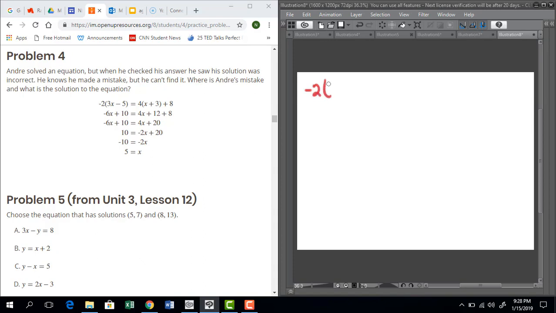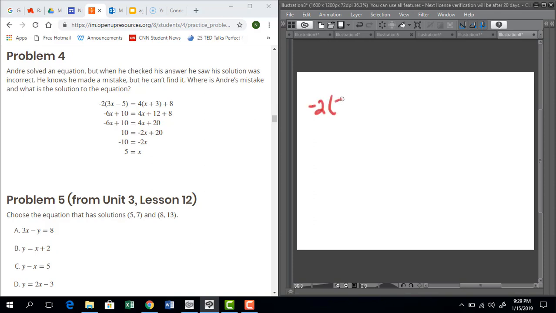Negative 2 times 3x minus 5 is equal to 4 times x plus 3 plus 8. You have 2 coefficients, one on either side, and you're going to distribute. Let me clear that and try that again.